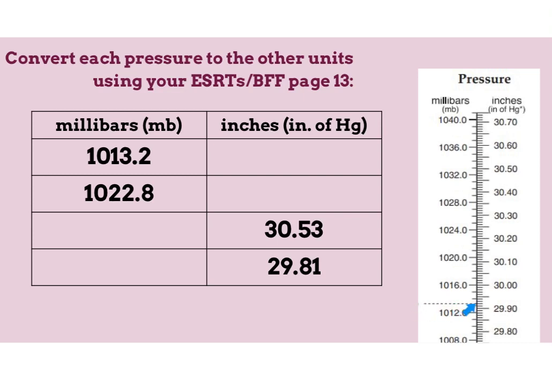That's also called 1 atmosphere of pressure. So when I follow that straight across, that is on this little line here, if this is 29.90 and this is 30.0, then halfway would be 29.95.